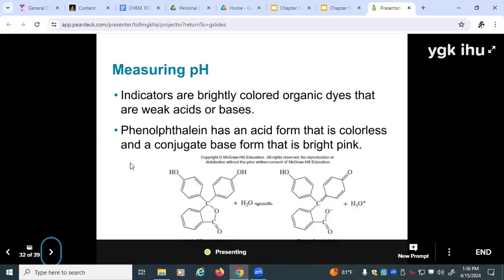If we break that pattern, like has been done here, the color goes away. And so what you'll find is that a lot of indicators, a lot of chemical dyes, follow that kind of patterning. So with phenolphthalein, it's colorless and pink.